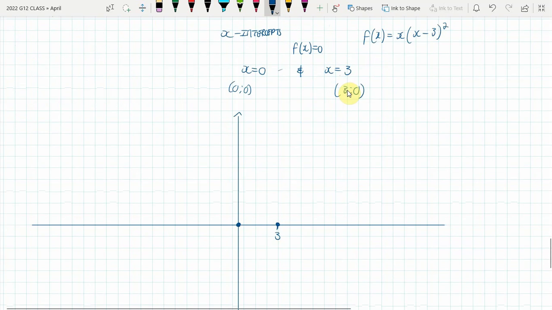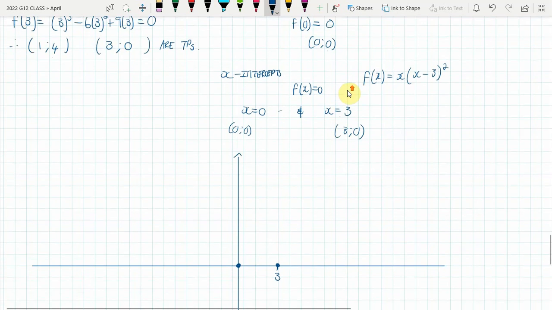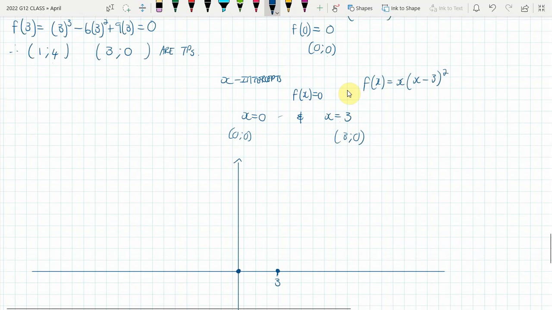So this point is also a turning point, 3 and 0. And then we have 1 and 4. So if 1 is here, then we have a turning point there at 1 and 4.